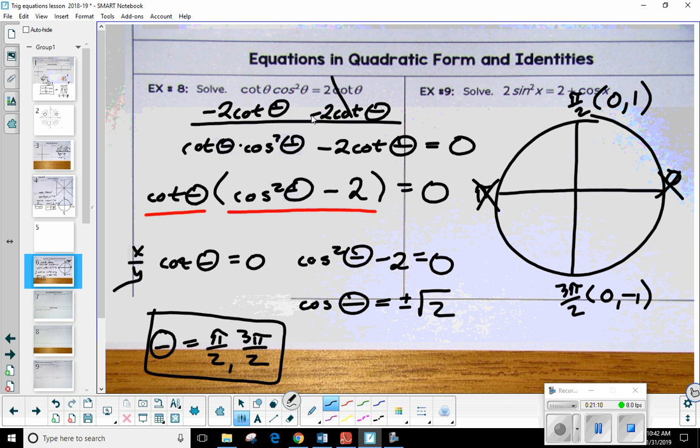There's a couple of reasons why, and it really depends on what you see first. But let's say you run through the normal process, cosine theta equals plus or minus square root of 2. How many triangles would I draw? I would draw 4, because where's cosine positive and negative? It's in all 4 quadrants, right? Well, let's focus on just one.